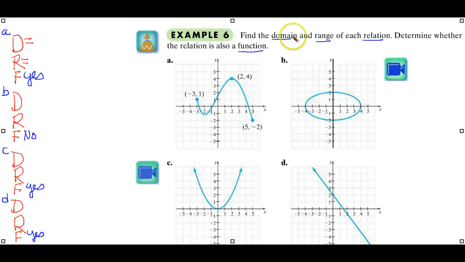Now, when we say domain, we're looking for the x elements, the range, the y elements. And this is alphabetical, if you ever forget which is which: X, Y, D, R. Okay, so what we do when we're looking for the domain is we project this down to the x-axis. So this is going to start, because of the dot there, at -3 and go to 5.